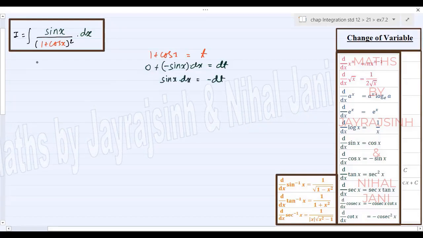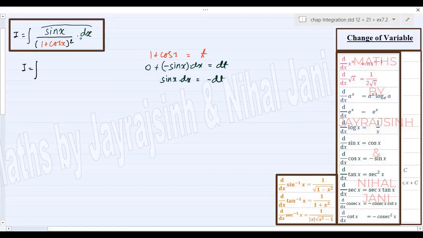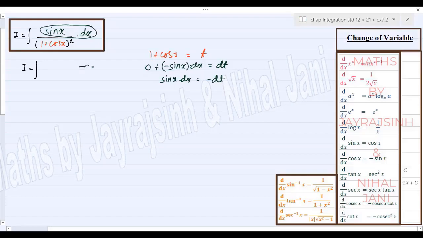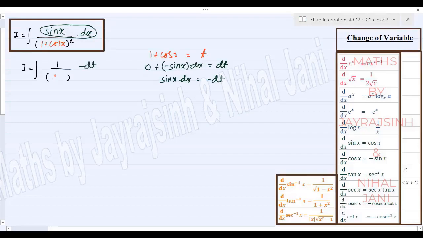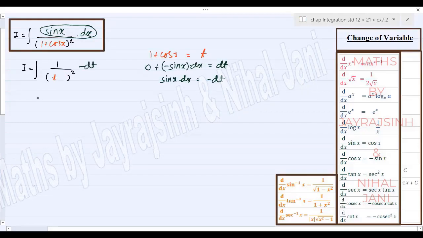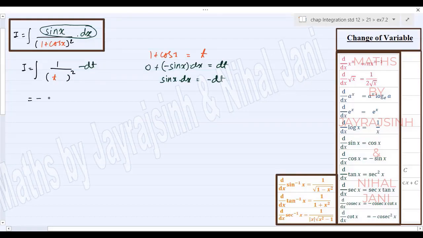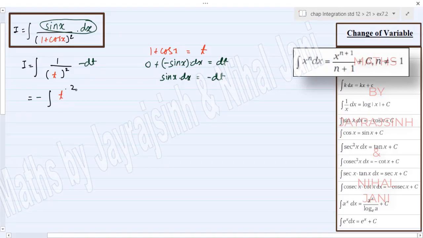So we can modify our integration as this sin x dot dx will become minus dt, and 1 upon 1 plus cos x will become t the whole square. So here we don't have to worry about this negative sign. We just have to integrate t raised to minus 2.